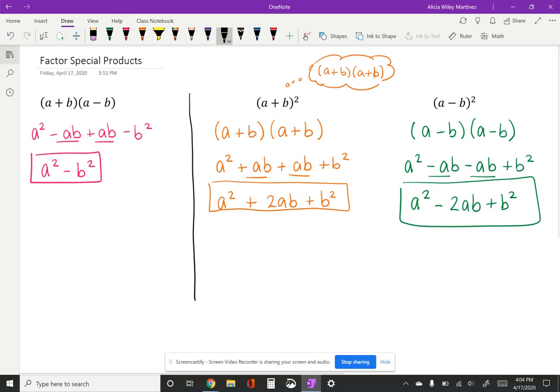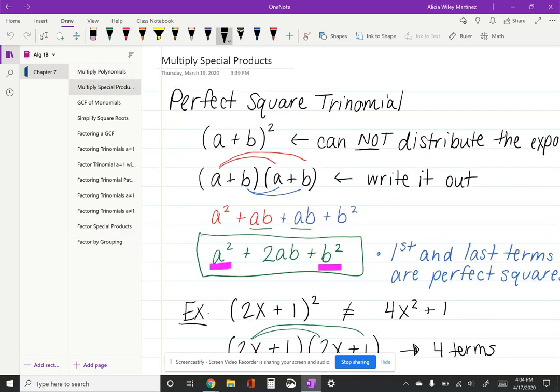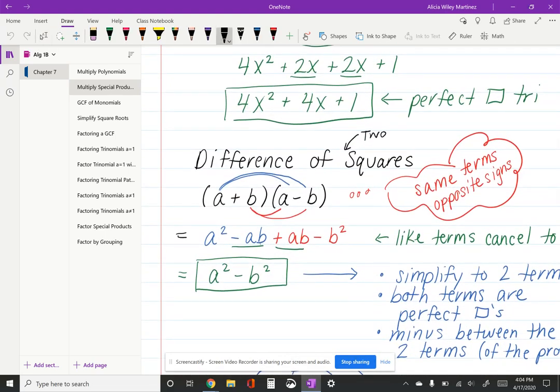If you remember from our previous notes that I had given you, this is what we call a difference of two squares. Okay, so the way that we can recognize a difference of two squares in its factored form is that it's the same terms but opposite signs. You are now going to be working backwards with the problem where you're going to take this and we're going to work our way backwards.